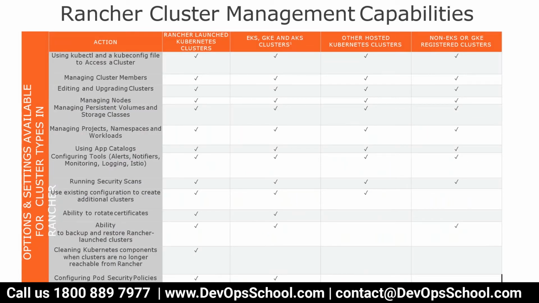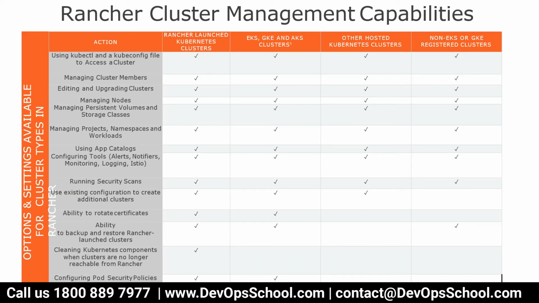Now, what are the capabilities you will have with Rancher? So what are the things you can do? So look at it here. If you manage Kubernetes clusters with Rancher, compared to, let's say, EKS, GKE, AKS clusters, compared to hosted Kubernetes clusters or compared to non-EKS or GKE registered clusters, what can you do?